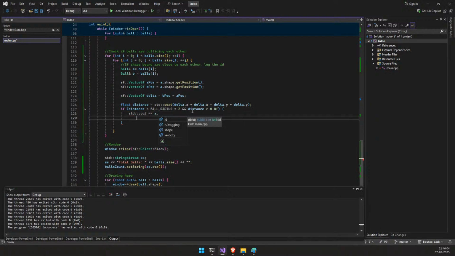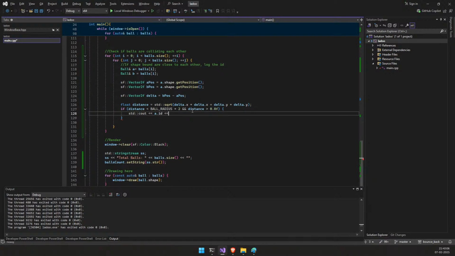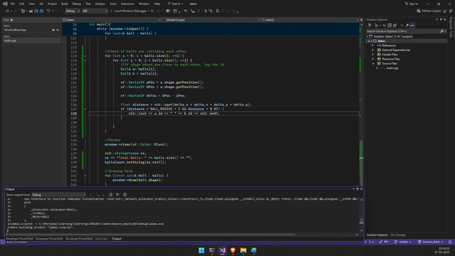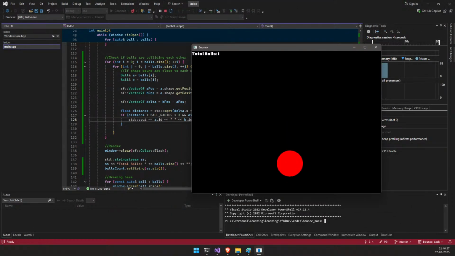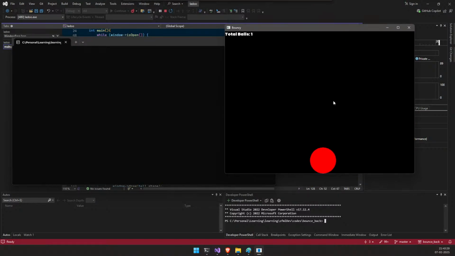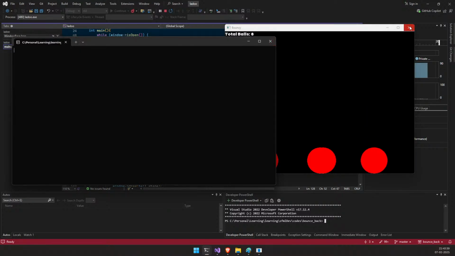A dot id, space, b dot id. Not getting any.